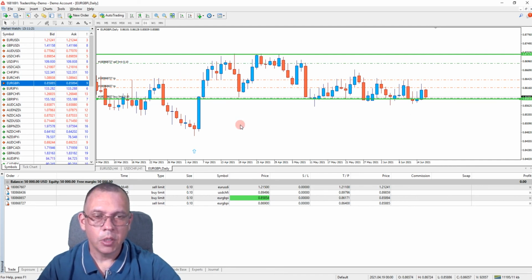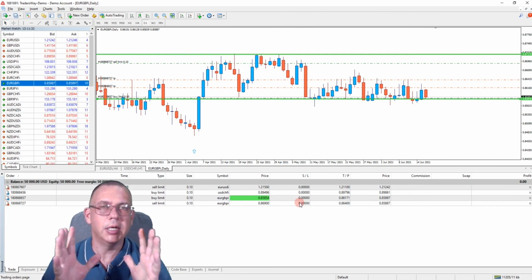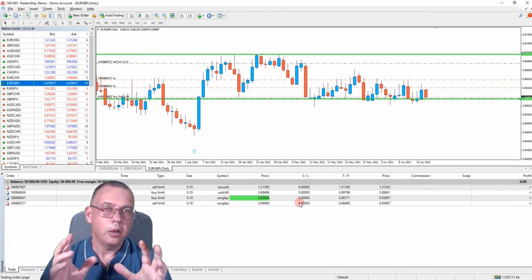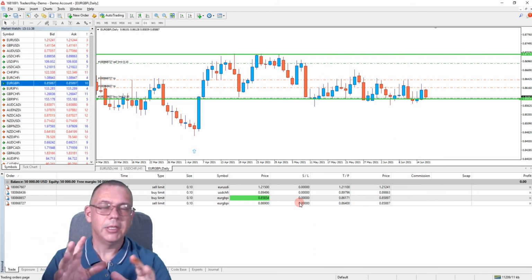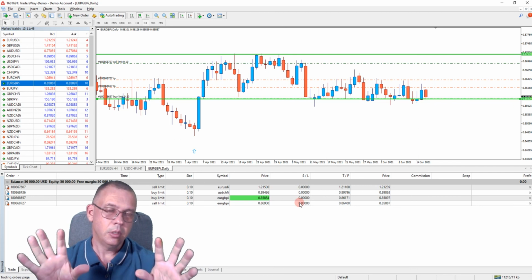Okay, so you see here I already got 1, 2, 3, 4 trades placed, and I've used 3 currency pairs. So you do not need to have dozens and dozens of charts open. If you watch YouTube videos and you see all these bloggers have all these different computer monitors in their trading den or trading room, that's all garbage.